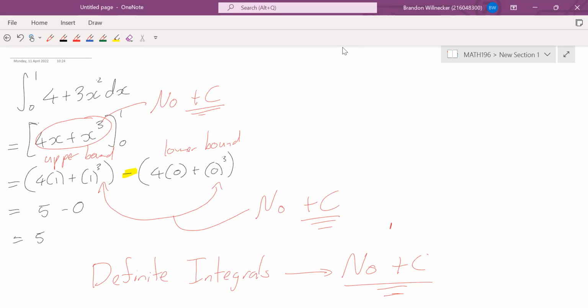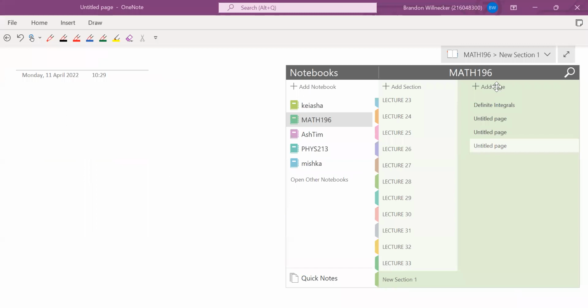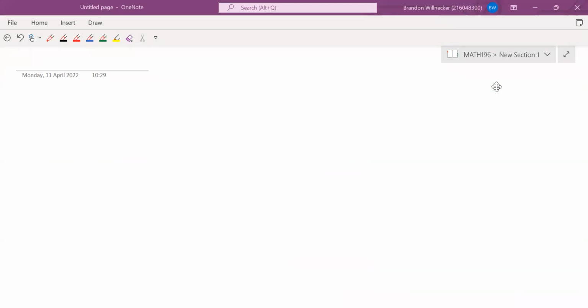Okay, let's have a look at some more. Okay, so these have been pretty simple so far. Let's do a nice summary of all the rules that you need to know when finding these antiderivatives.